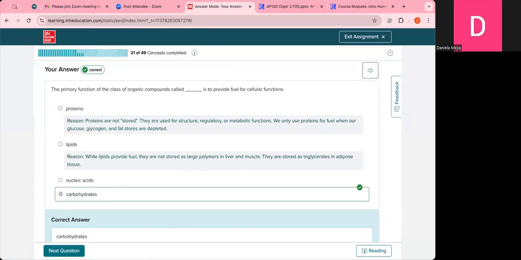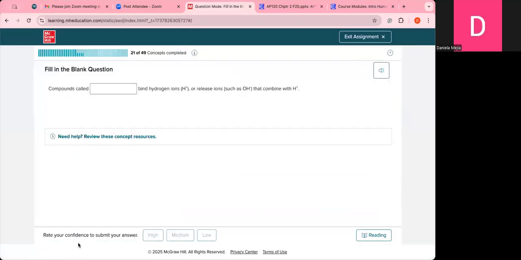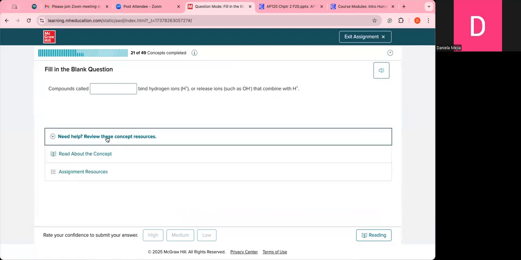Okay, good. Next. Compounds called blank bind hydrogen ions or release hydrogen ions, such as hydroxide, that combine with hydrogen. That's bases, I think.